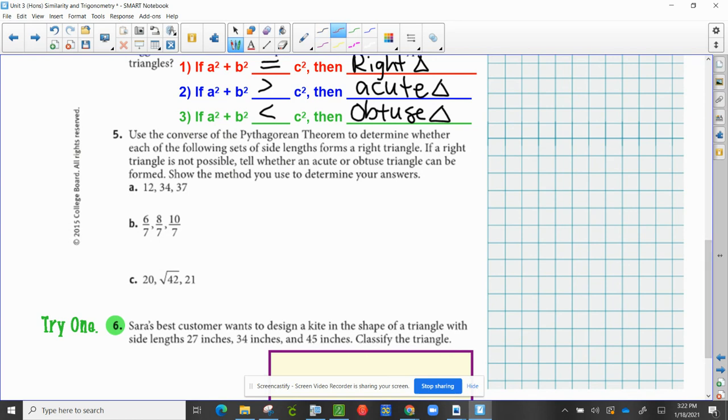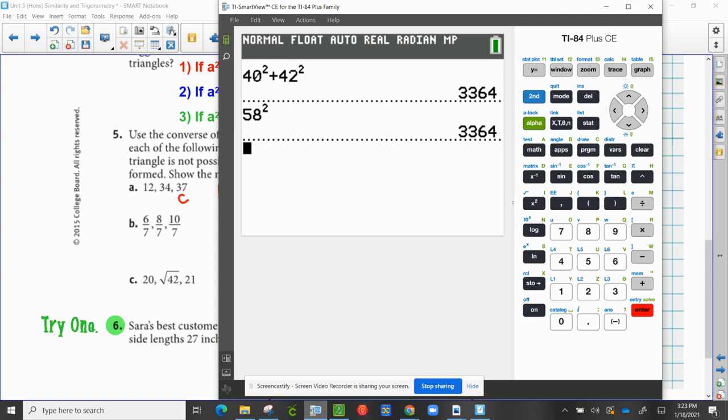So let's look at A here. Our longest side is 37, so that's our C. So we have to check what 12 squared plus 34 squared is, and see how that relates to 37 squared. So I'm going to use my calculator on this. So there's 1,300.